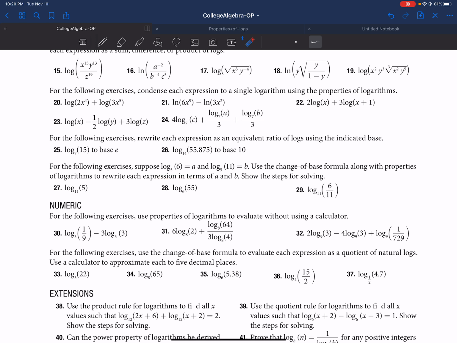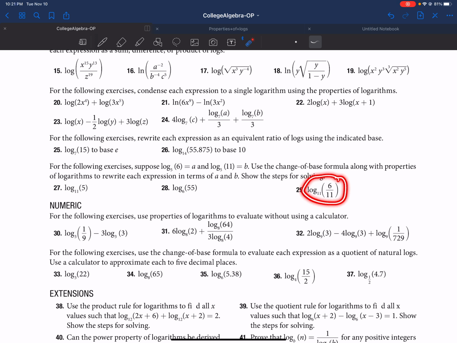So if I was going to do something in, let's say, we're going to do like 27. So log 11 of 5 would be the same as, here, let's do this one. This one will illustrate it much better. So what I'm going to do is first use nothing but the properties.